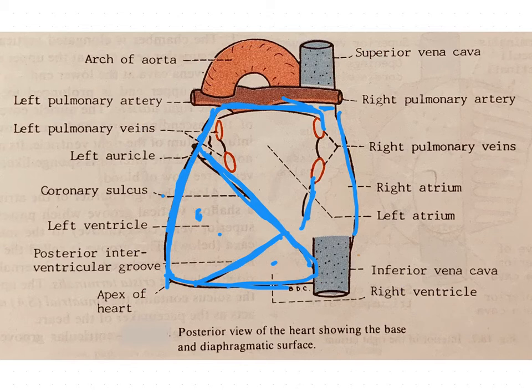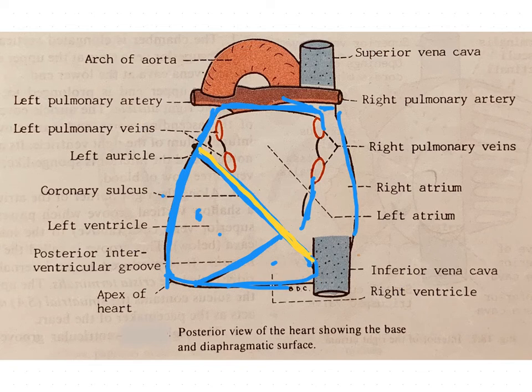Okay, in the upper part, this is another groove which is separating the atrium from the ventricles, that is the coronary sulcus.